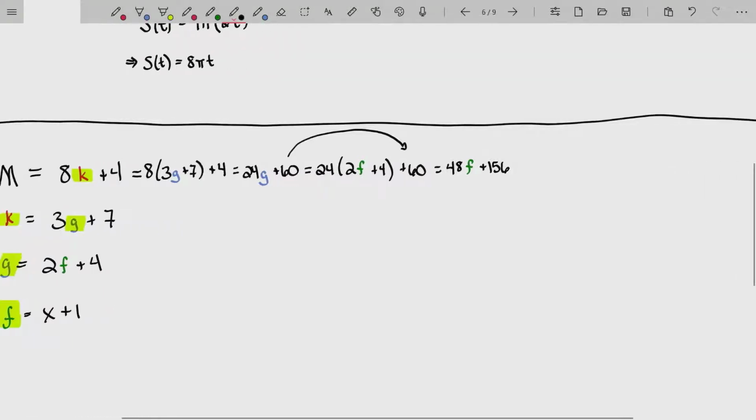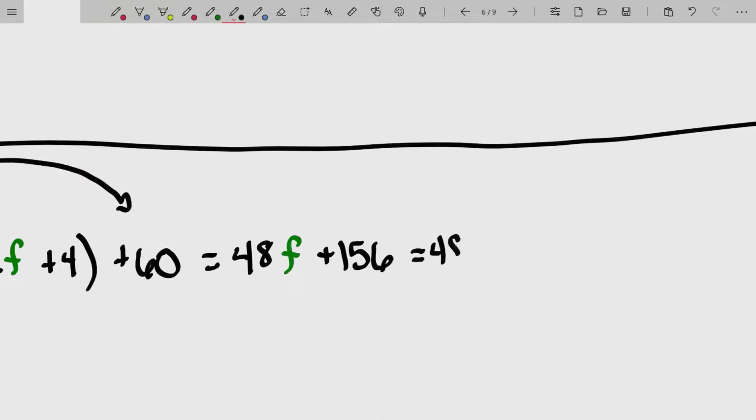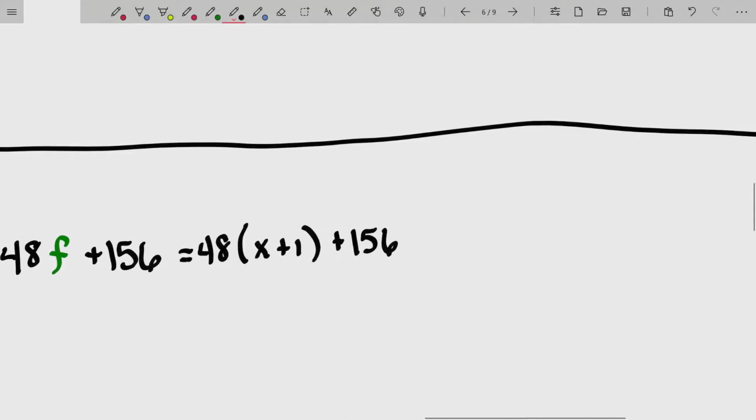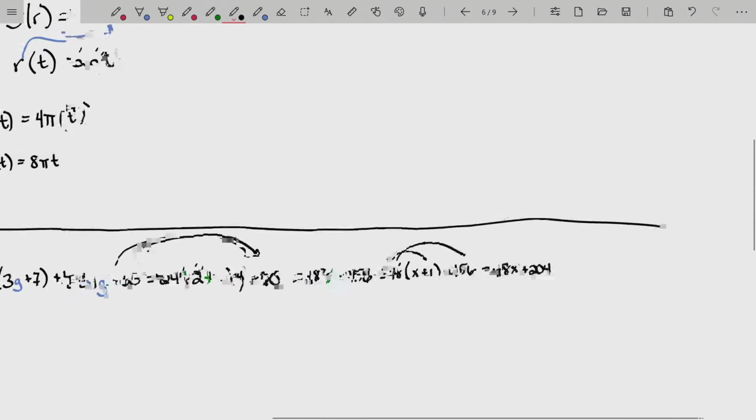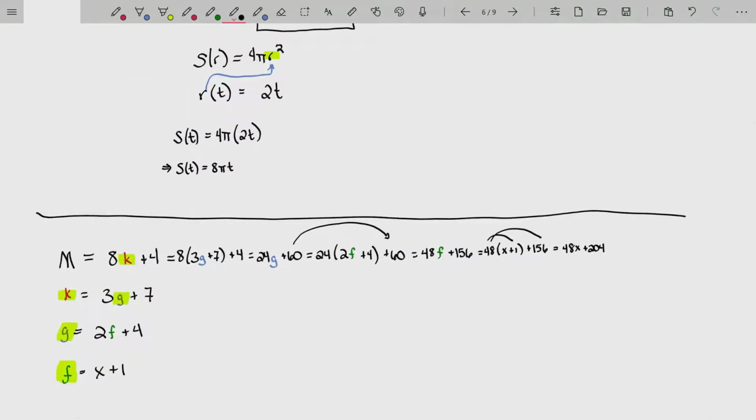So let's go ahead and replace that f in 48f with an x plus 1. And we distribute through: 48x, we'll have a plus 48 plus 156. This is, let's see, 48, 196, 204. And so this is our way of saying, yes, m originally was a function of k.